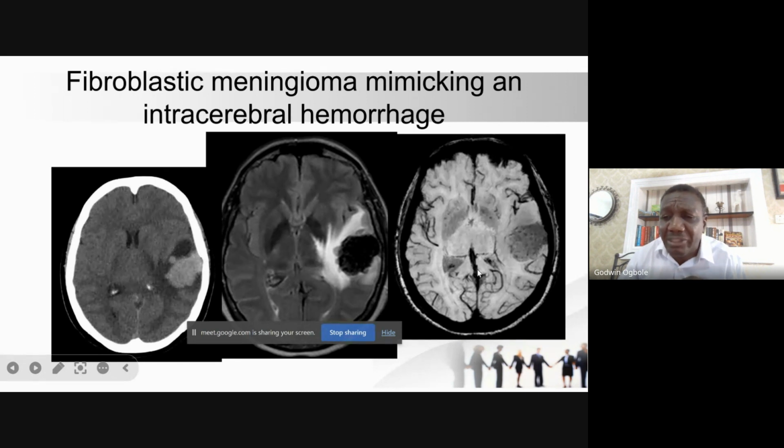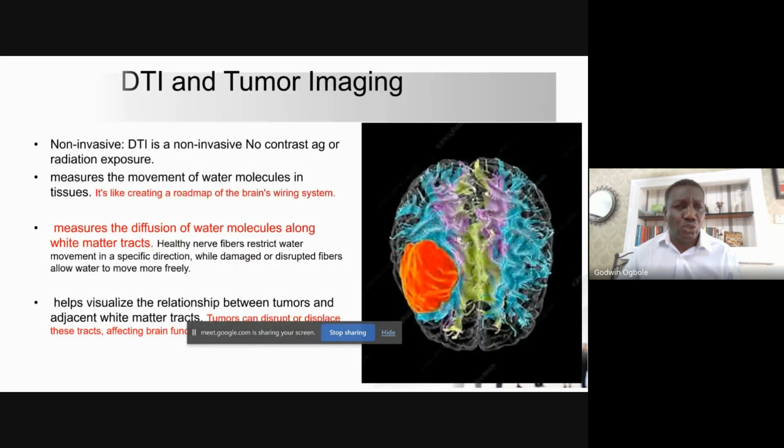But on the susceptibility-weighted images, you could see there are some microstructures, new vessels, even within that lesion, which suggests that this is not just a hematoma that appeared on CT. So these are the kind of things that novel or advanced techniques help us in demonstrating or characterizing tumors.